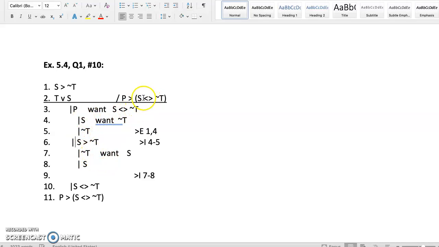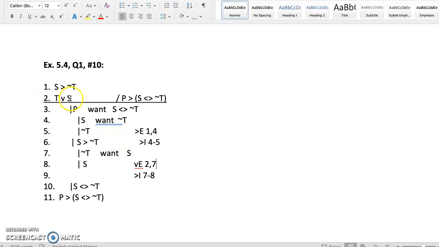So now we need to get the other half of the biconditional, which is just flipped around: not T as the antecedent, S as the consequent. So that's why we have not T, want S here. Again, we can get S in one step using the premises we have. In this case, since we have not T, we can use the disjunction elimination rule, 2, 7.